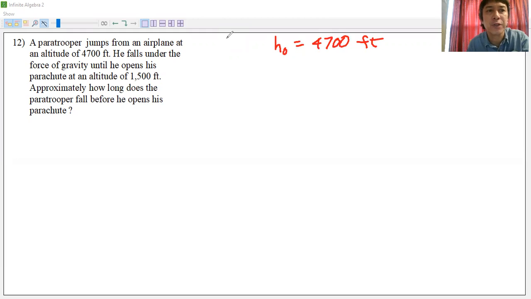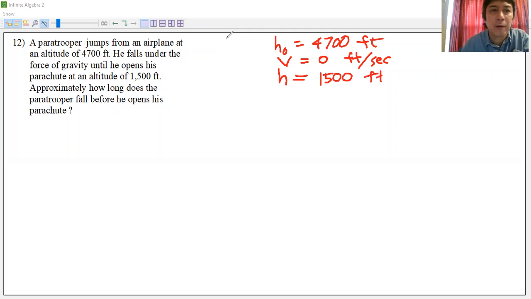He falls under the force of gravity, so the velocity is 0. It's free fall, so it's feet per second. He falls under the force of gravity until he opens his parachute at an altitude of 1,500. So that's h there.